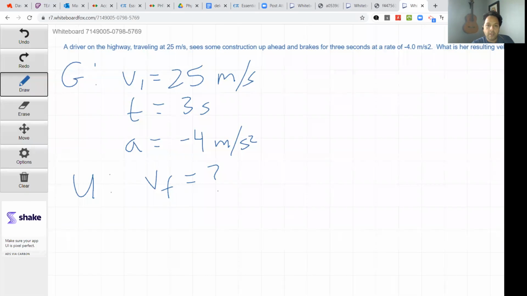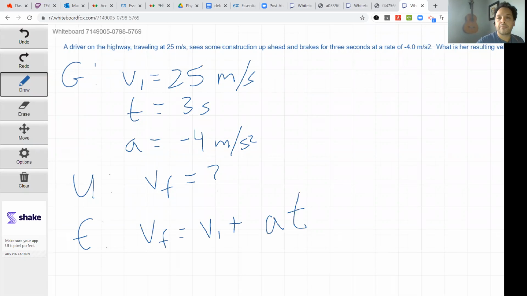All right. So they want to know what vf is. So the equation we're going to use is just vf equals your initial velocity plus acceleration times time. So I'll let you finish that.